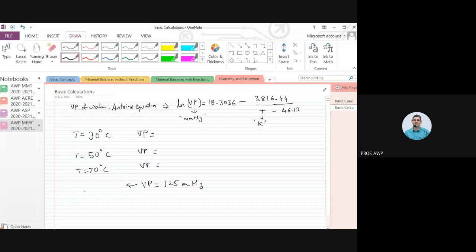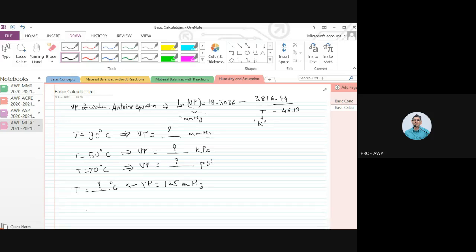Calculate temperature in degrees centigrade. Vapor pressure also I want in different units. Let's do this very quickly.